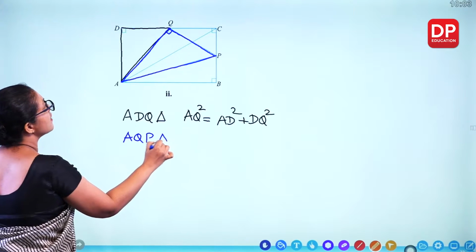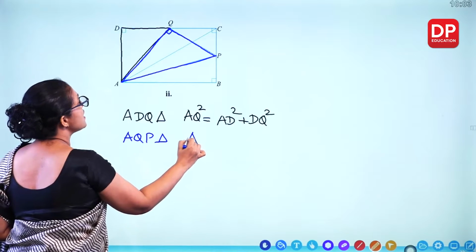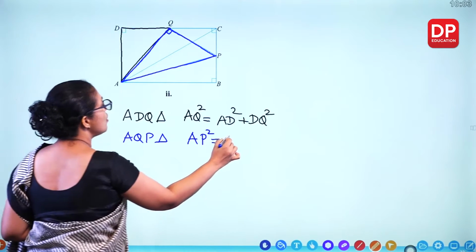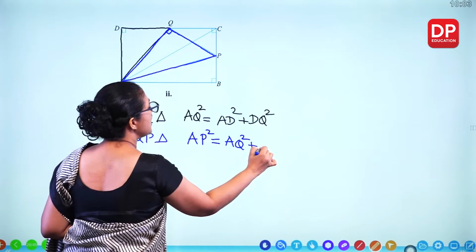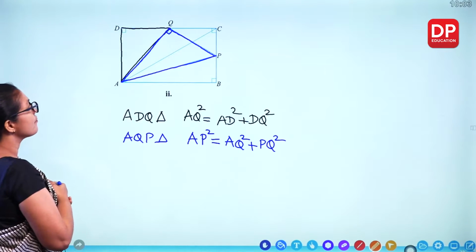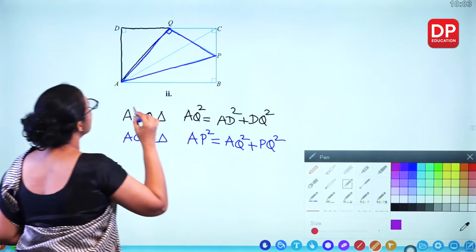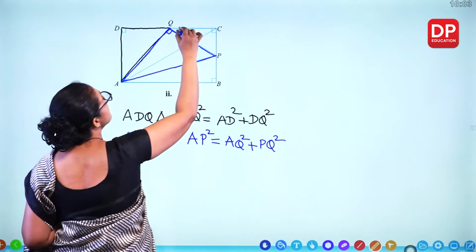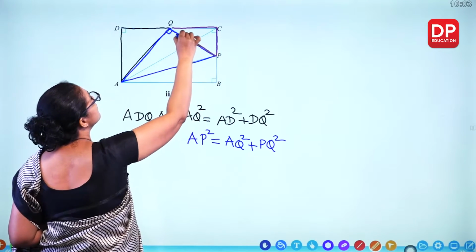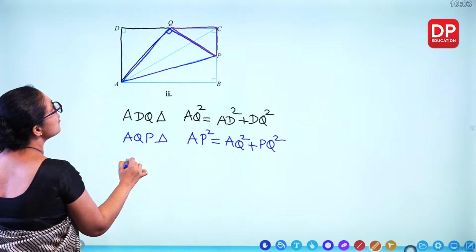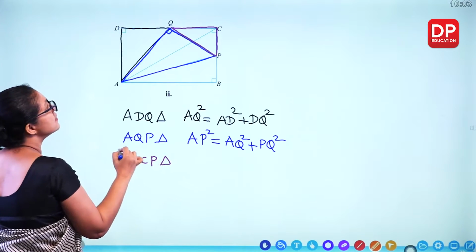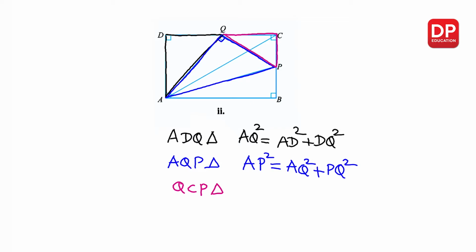AQP triangle. AP is the hypotenuse. AP squared is equal to AQ squared plus PQ squared. Then you can take this small triangle. QCP triangle. So what's the hypotenuse? PQ. So PQ squared is equal to CQ squared plus PC squared.